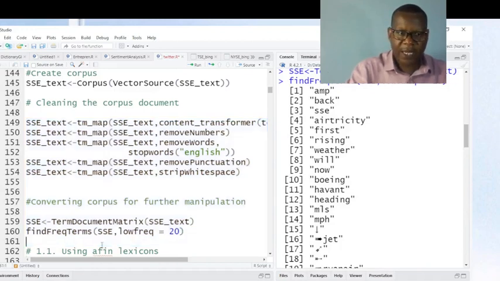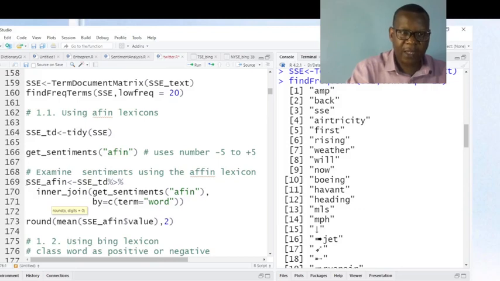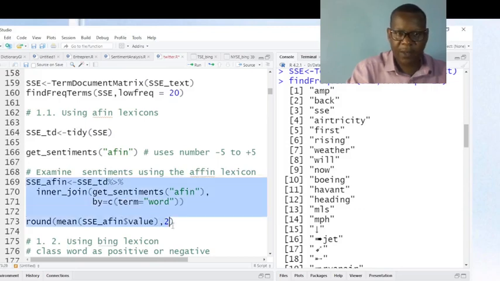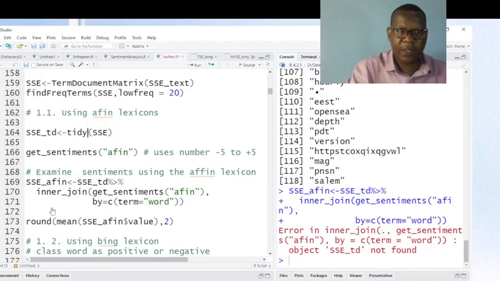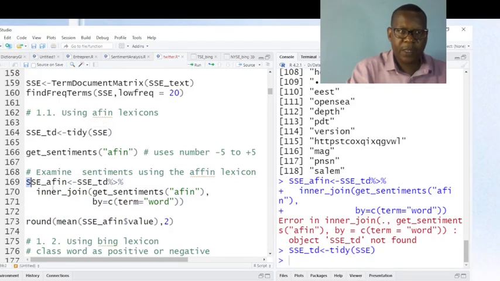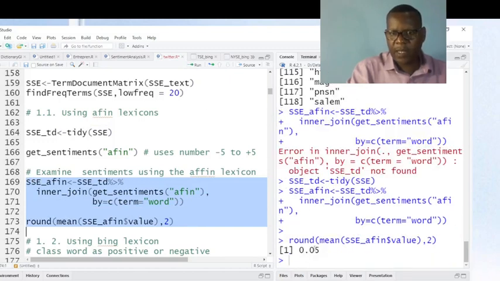Okay, now I can just execute the commands for sentiment analysis until I calculate the mean. Sorry. Let's run this command to transform it. Let's then run these commands. As you can see, we have a 0.05 mean sentiment.